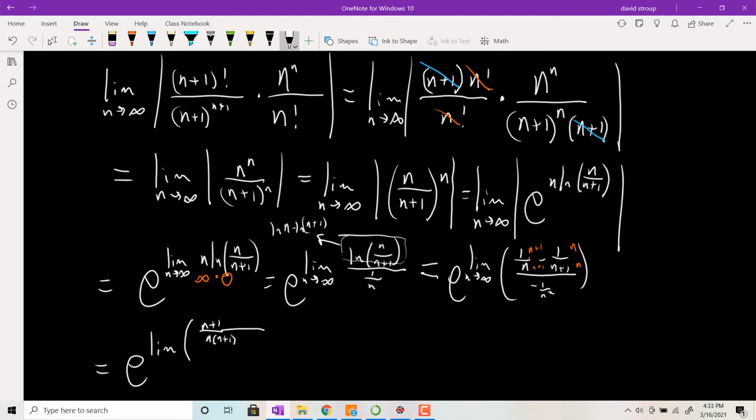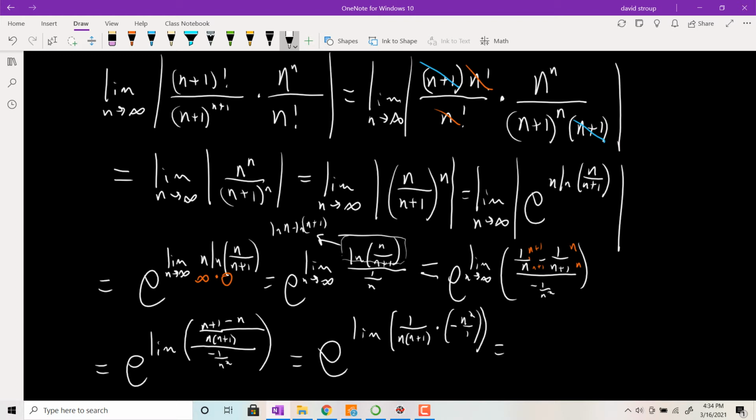Combining numerators, so minus n, and then that's all over negative 1 over n squared. This will be then e to the limit of n plus 1 minus n, which is just 1, all over n times n plus 1, times the reciprocal of 1 over n squared, which is n squared over 1.